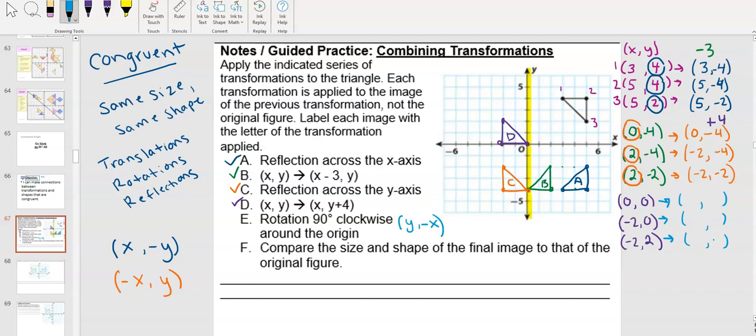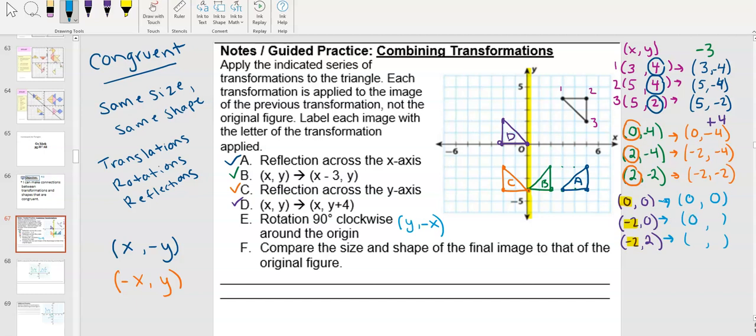So 0 and 0 flip-flopping is still 0, 0. And the original X, whatever was here, changes signs. Okay, so these numbers are going to change signs. If they're negative, they turn positive. If they're positive, they turn negative. Now, what's special about 0 is it can't change signs. So 0, 0 is going to stay 0, 0.